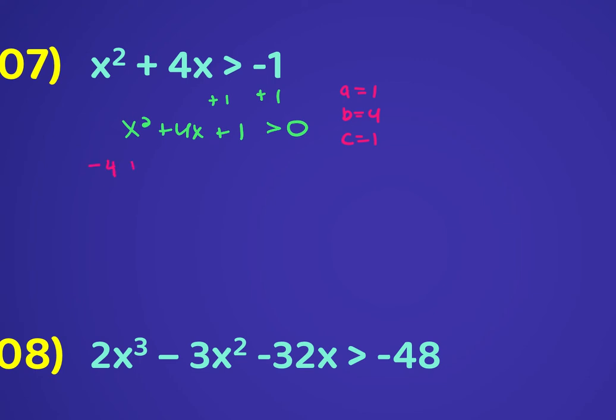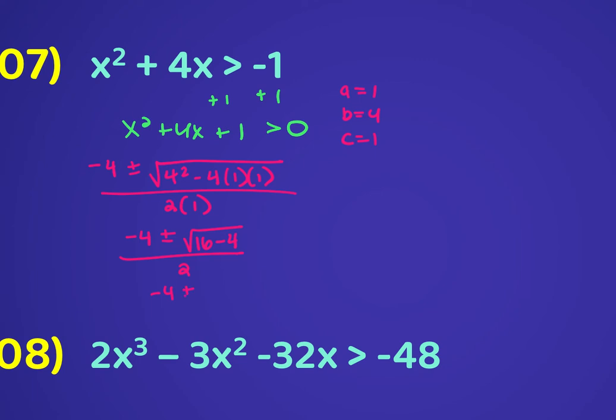Negative b plus and minus the square root of b squared minus 4 times a times c, all over 2 times a. Negative 4 plus and minus the square root of 16 minus 4, over 2.